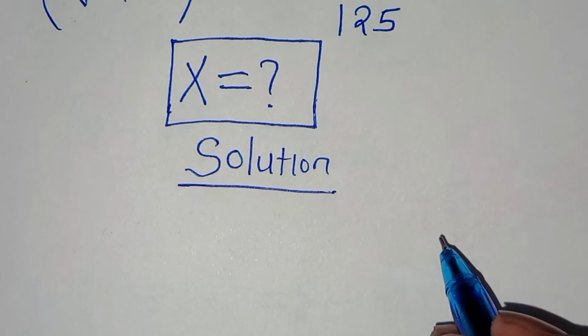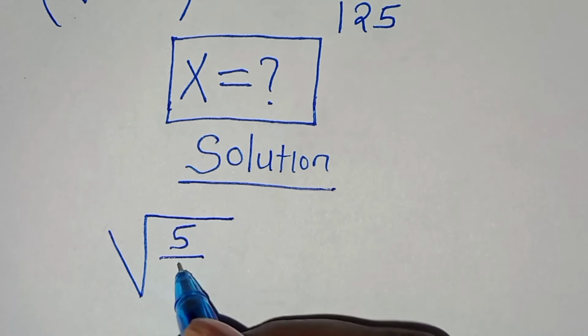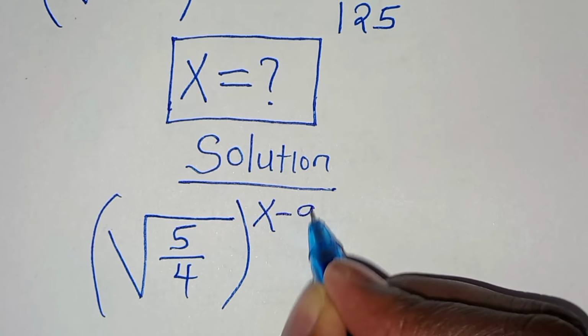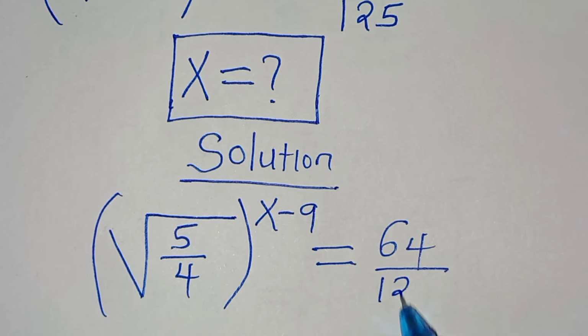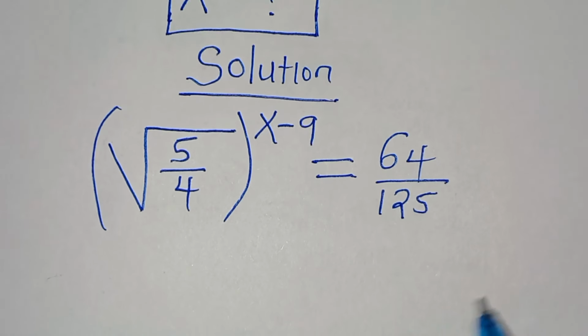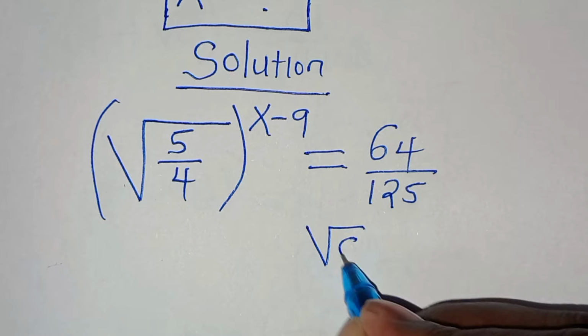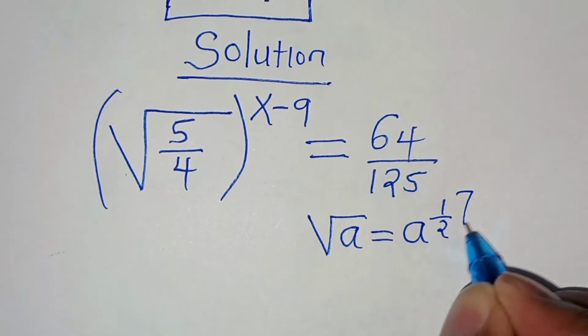Now we have the square root of 5 over 4 raised to the power of x minus 9 equal to 64 divided by 125. The square root of 5 over 4 is in the form of square root of a, which we can express as a to the power of a half.